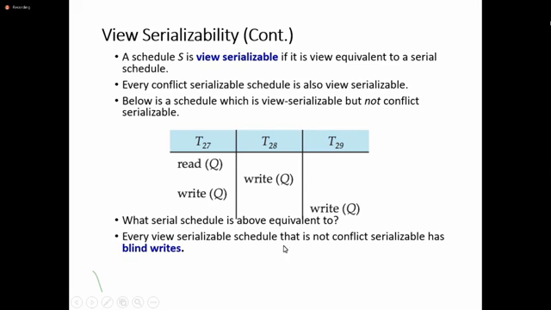Every view serializable schedule that is not conflict serializable has blind writes. They are blind writing the same value here and the same value there, but we cannot interchange this schedule.